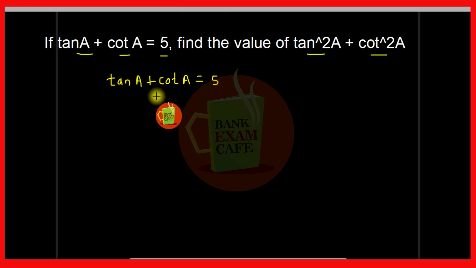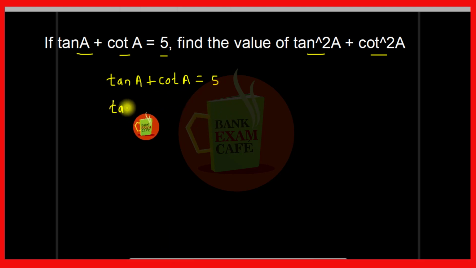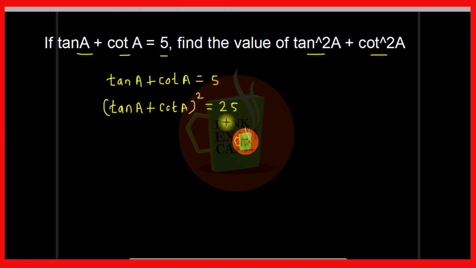Since you want tan square A plus cot square A, take the square of both the sides. So you will get (tan A plus cot A) whole square, which is equal to 25. 5 square will be 25. Now this is (A plus B) whole square, so apply the formula A square plus B square plus 2AB.